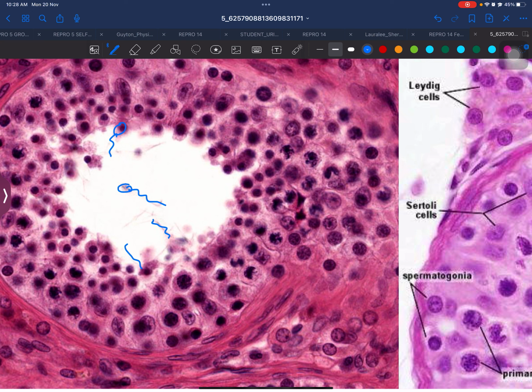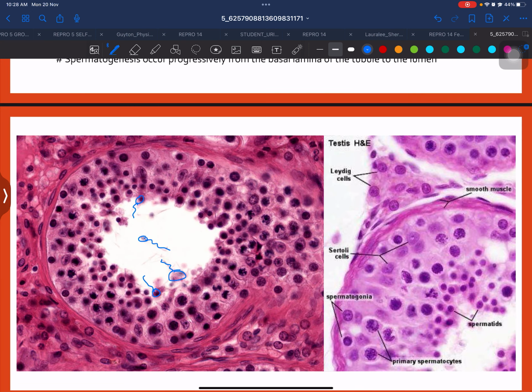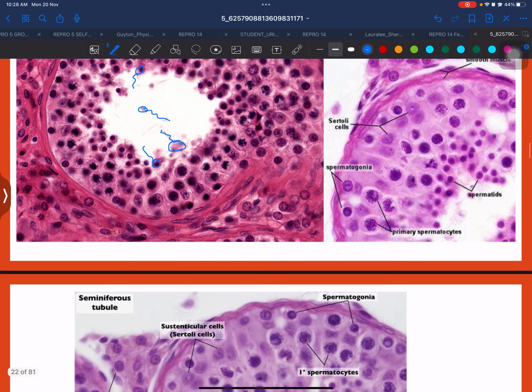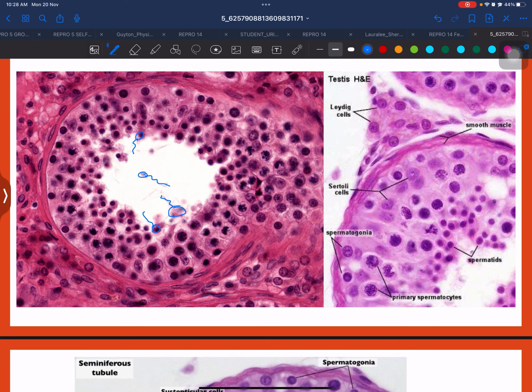And this is the basement membrane. These are the spermatogonia, which sit on the basement membrane. Then we have the primary and secondary spermatocyte, and the spermatids.